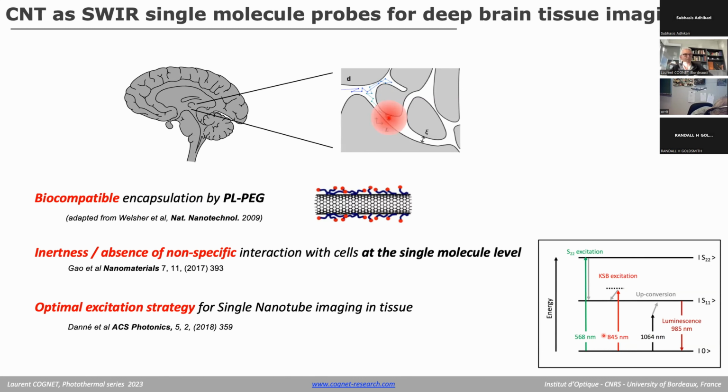The different strategies we could use were either upconversion, excitation on a second band, or excitation on a phonon side band. It turns out that the most efficient in terms of energy deposition in the system, signal-to-noise ratio, etc., was to use the phonon side band excitation. So that's what we use in our applications now.